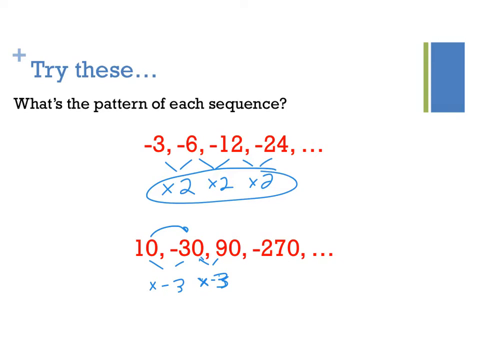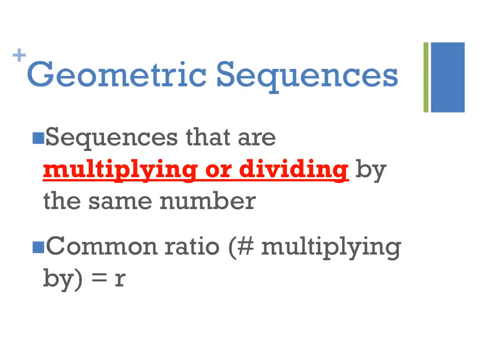And then the last one, if you were to multiply by -3, you do get that -270. So again, multiplying by -3. In fact, anytime you see alternating signs, positive to negative, it should be multiplying by a negative number. But in both cases, you're multiplying, which leads us to what a geometric sequence is.